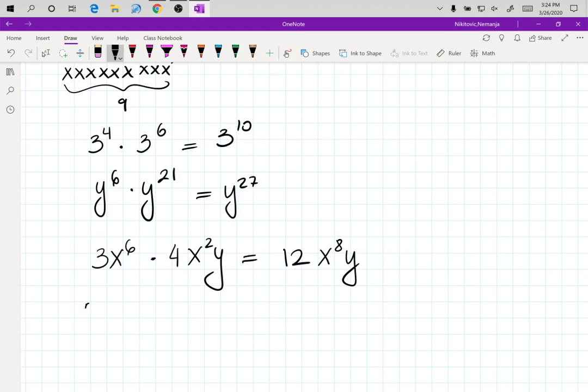Here's another one. 2xy cubed times 16x to the 9 y to the 12. So we have to multiply same variables and multiply constants together. So let's see what we get.